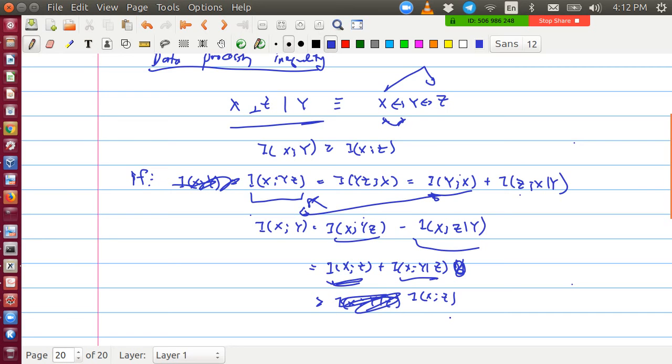I just copied from here. Both of them are I(X;Z) here. It's just I(X;Z) plus something, and because this something is positive, therefore it's bigger than or equal to I(X;Z), right?